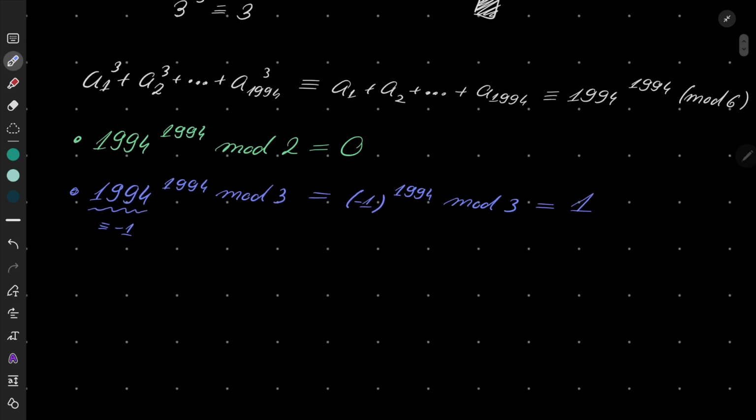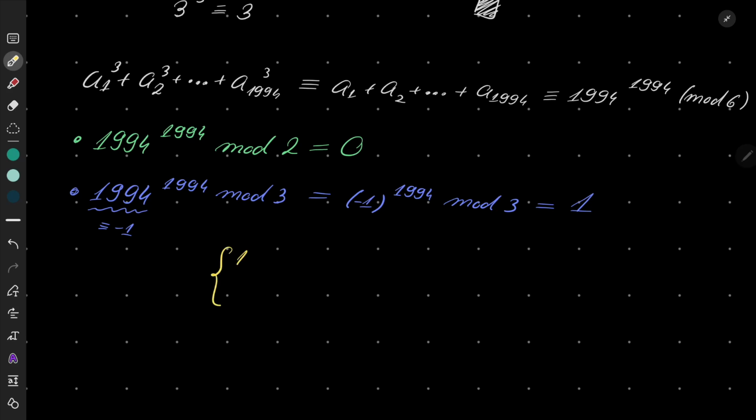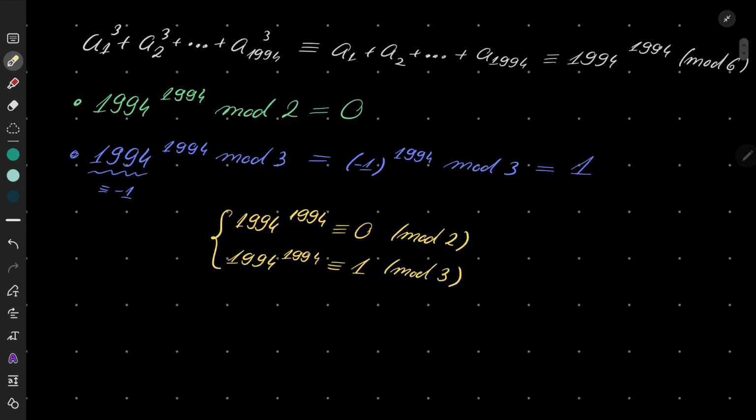So now we know that our number is congruent to 0 modulo 2, and it's congruent to 1 modulo 3. So what is it congruent to modulo 6?